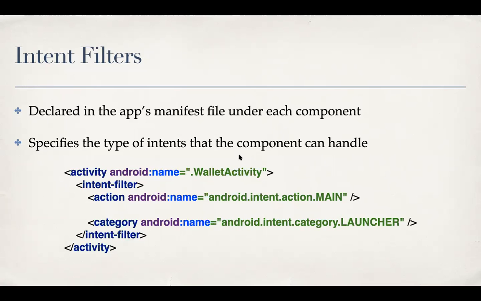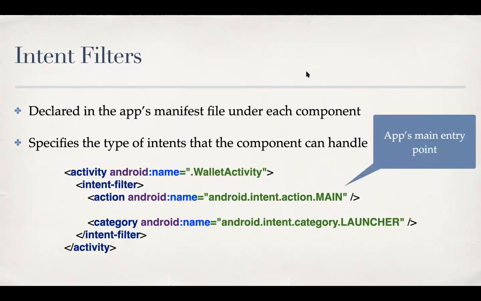So far, we have seen an example like this. So you have the wallet activity in the Dice Games app, which has the action main and the category launcher.